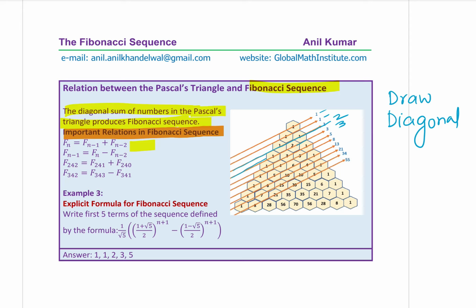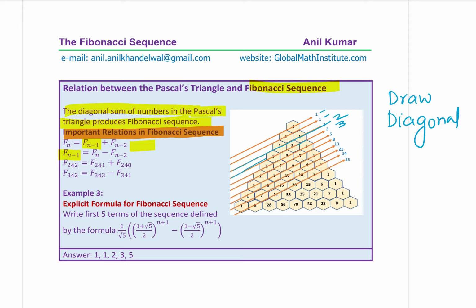We could rearrange this. So what you could do is isolate F(n minus 1). That will be the difference between the next number and the previous number. So many times you may like to rearrange the terms so that some may cancel out and you may get a simplified expression.